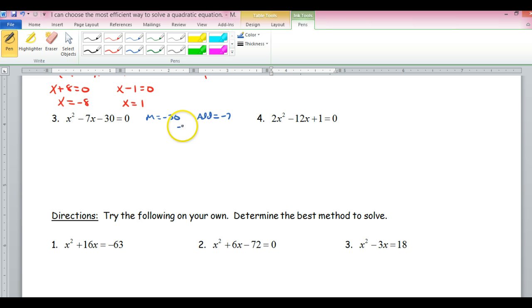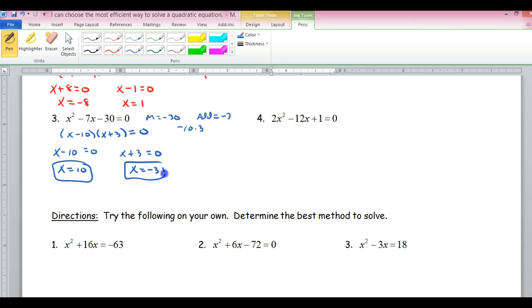Thinking about that, negative 10 times 3, does that make both of these happy? Yes. So it is factorable. So it is the easiest method to use. Once I factor it, I set each factor equal to 0, and x equals positive 10, x equals negative 3.